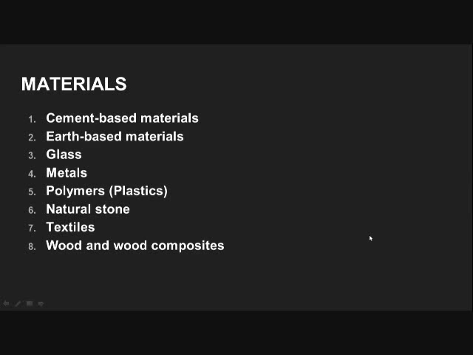We have glass, which of course originally is a type of sand that is melted and becomes a glass material. And glass has wide variety, starting from glass used in the exterior or facade of the building to glass used as partitions inside the space. We have metals used for the ceiling or the walls.